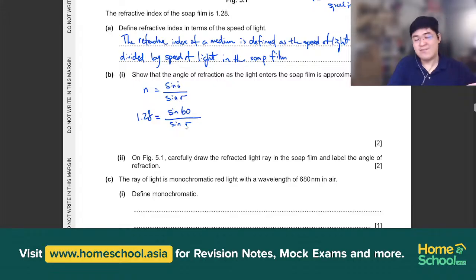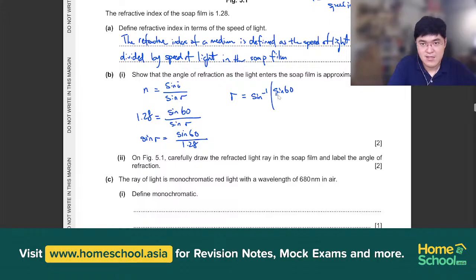Let's do a little bit of manipulation: we multiply both sides by sine r and divide both sides by 1.28. So sine r is equal to sine 60 divided by 1.28, and r is equal to sine inverse of sine 60 divided by 1.28. Now let's plug this into the calculator.